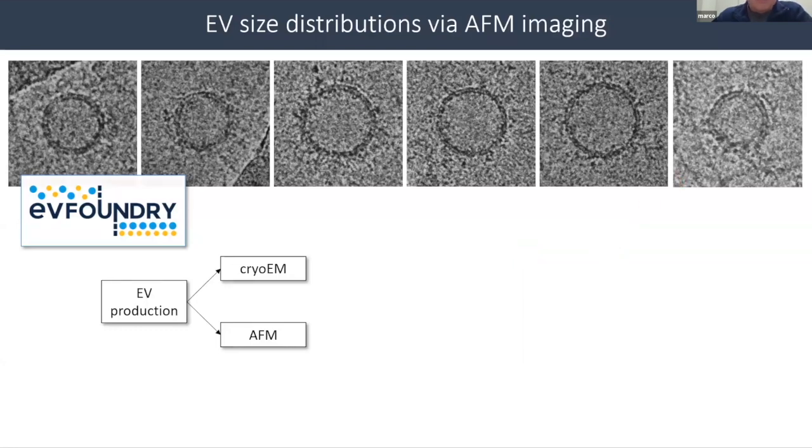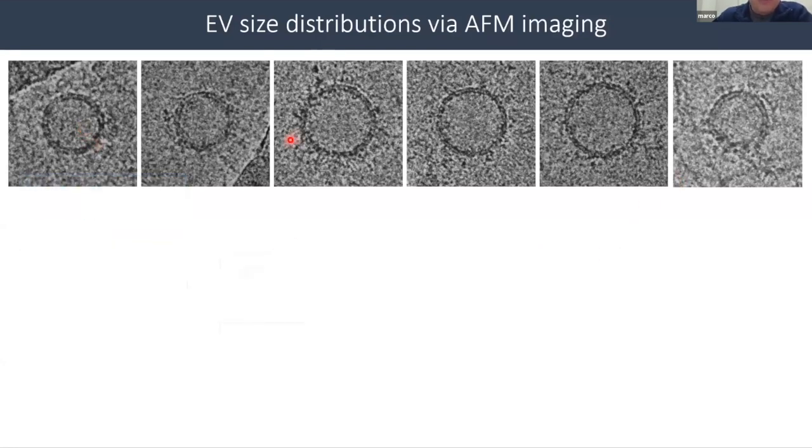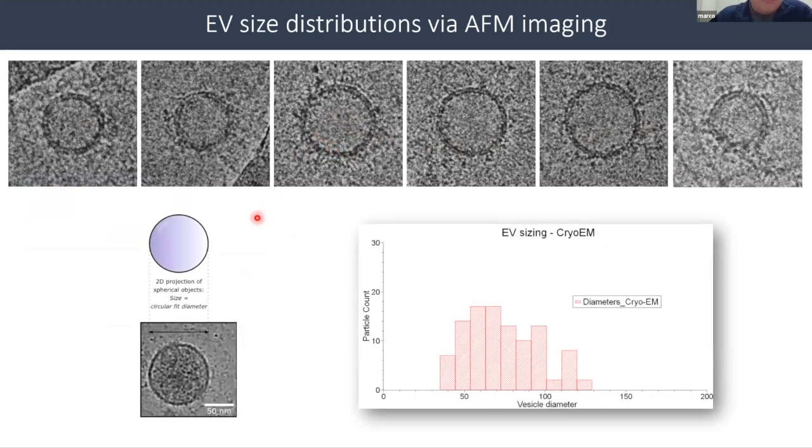I find it's very hard to argue with cryo-EM because you can see the bilayer of each vesicle, so I'm really convinced that all that gets into the size distribution is just intact extracellular vesicles. Also, measuring the diameter of vesicles is trivial in cryo-EM because the 2D shape you get in the image is just a direct projection of the objects.